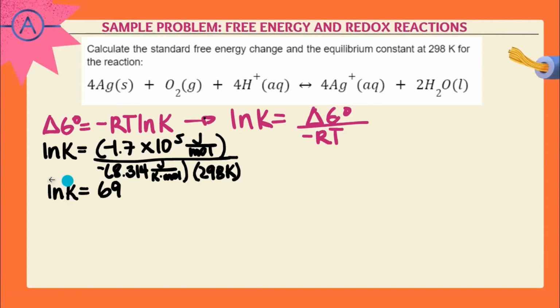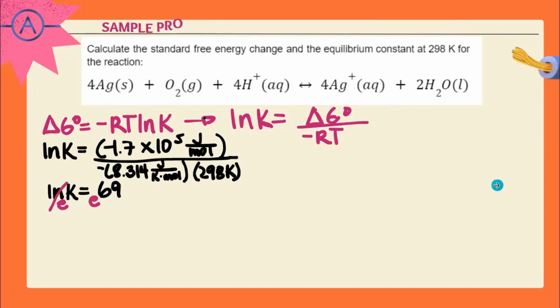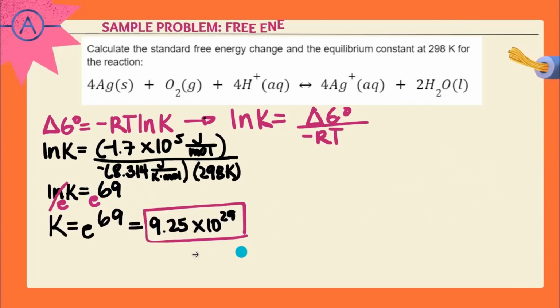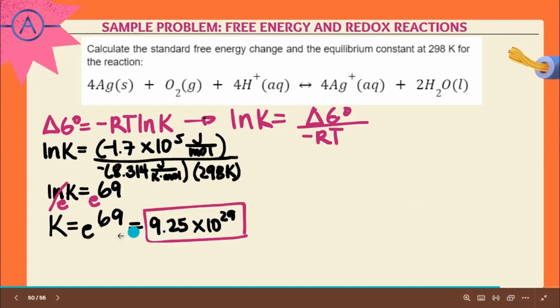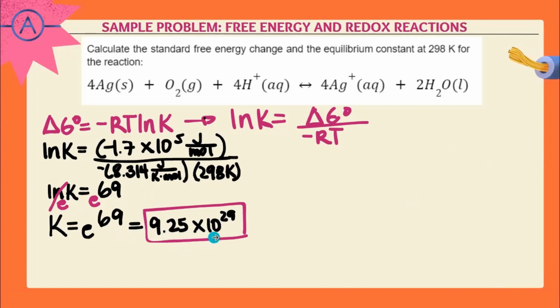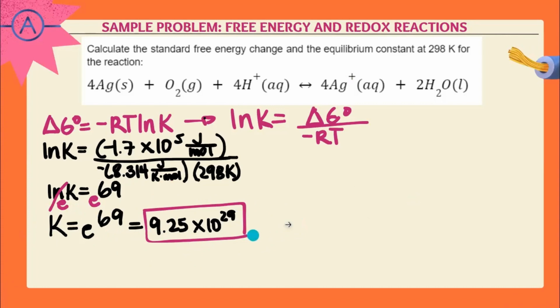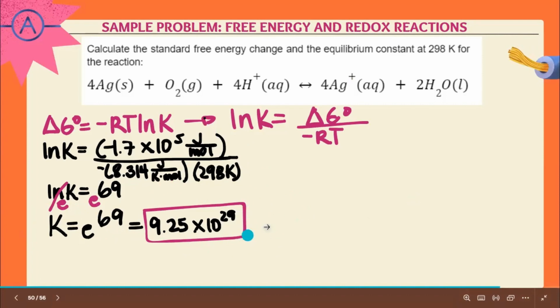However, we have to note that this is still the natural logarithm of K. So we use e and solve e raised to 69, which will give us the value of K, which is now 9.25 times 10 raised to 29. We also have to note that K is a unitless parameter, so there's no need to include any unit for this one.